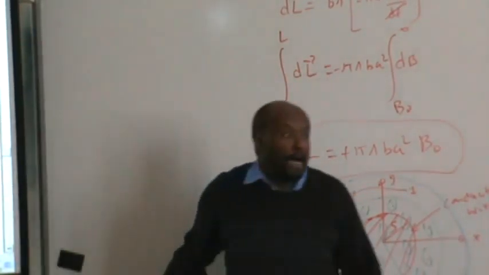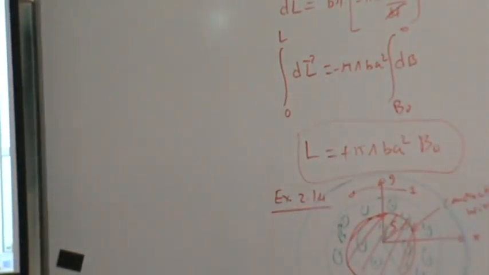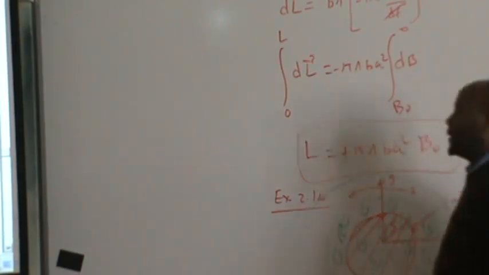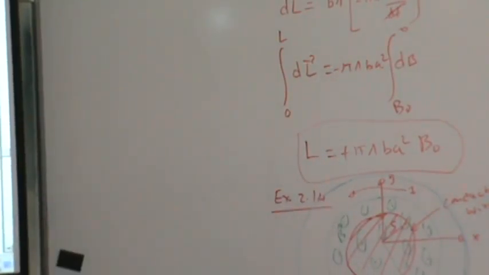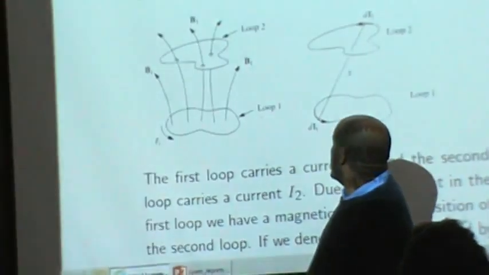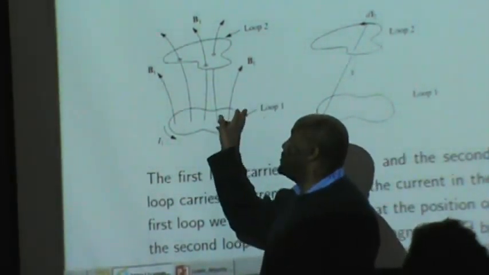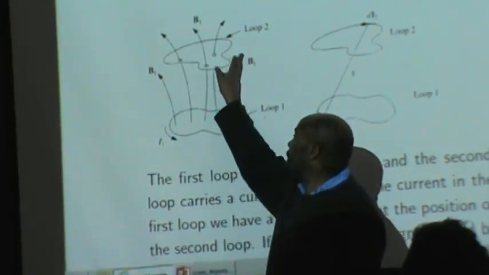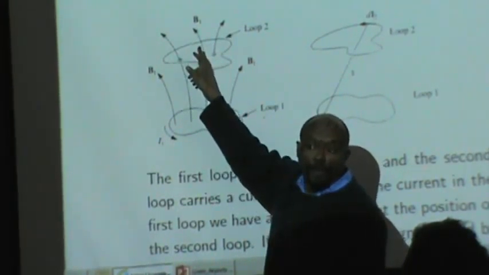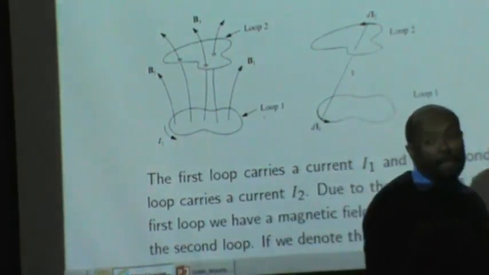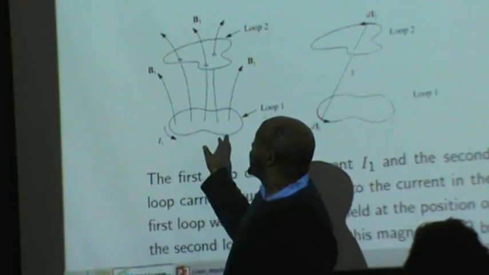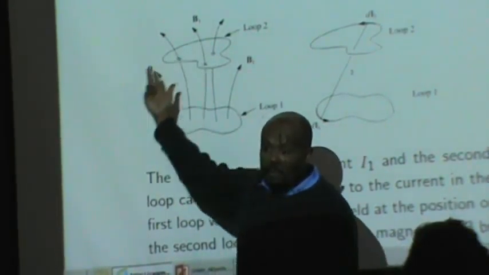So in order to find where L comes from, we just consider two wires. One wire carries a current I1, and the second wire, let's assume it carries a current I2. And let's find the flux due to the magnetic field of the first wire through this loop. So all you have to do is just integrate the magnetic field due to this current over this area, right?